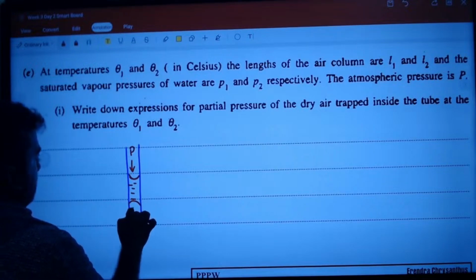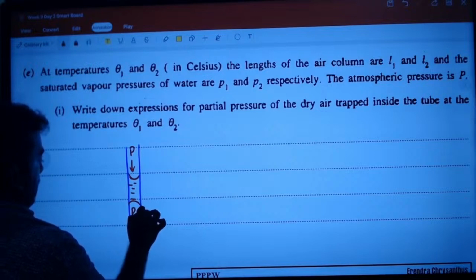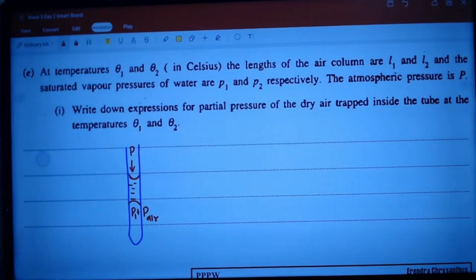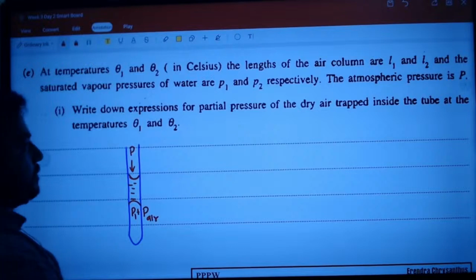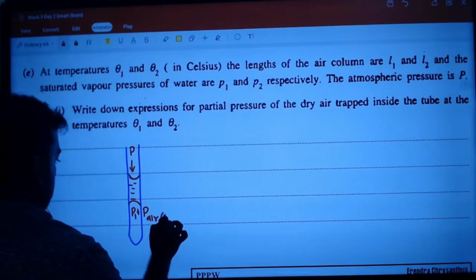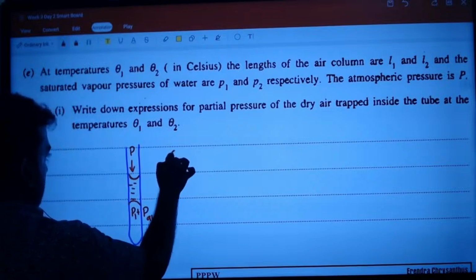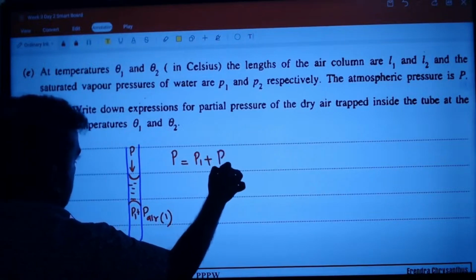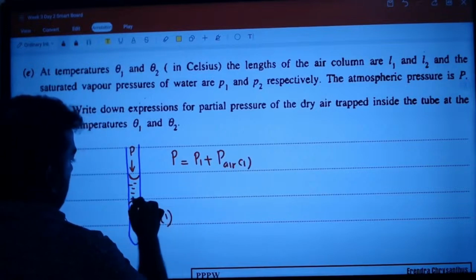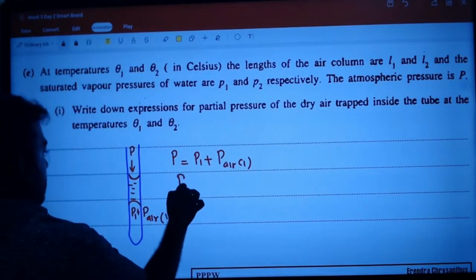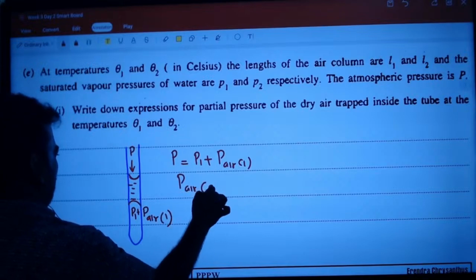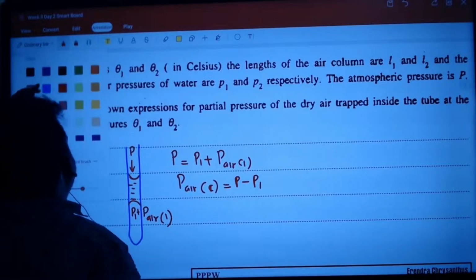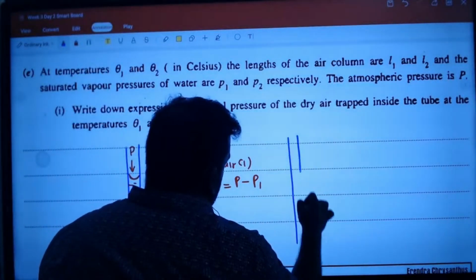Water vapor means P1 plus pressure due to air, which we don't know. So we can say P is equal to P1 plus pressure due to air, because the thread is very small. So pressure due to air is P minus P1.